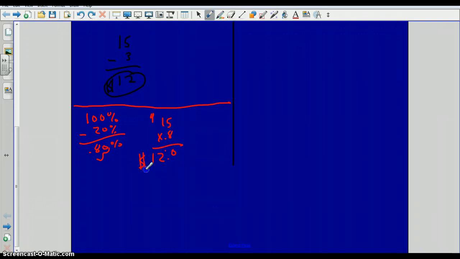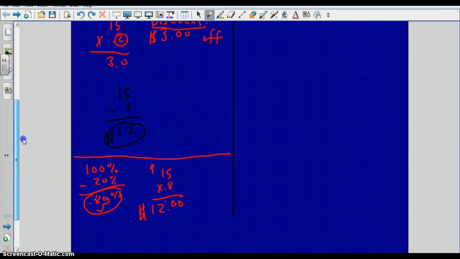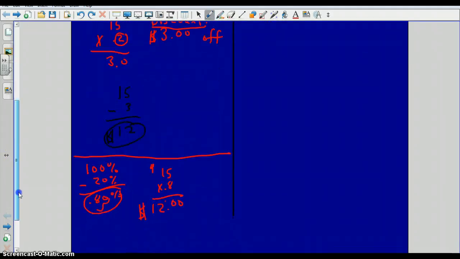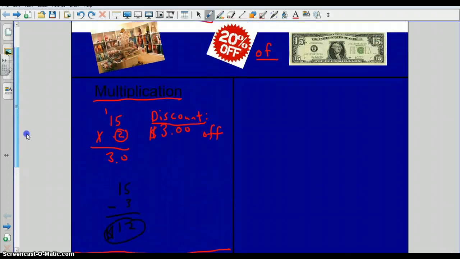And notice I got $12, which is the same as the last cost. So if you do the percent that you pay, you don't have to do the subtraction step. I basically did subtraction before I multiplied instead. To me, that's a little easier. But if that was confusing to you, you just do it this way. It's the same answer, but you can see sort of the difference.